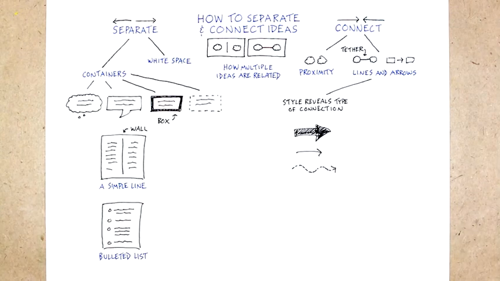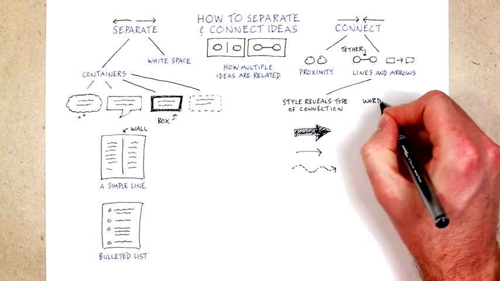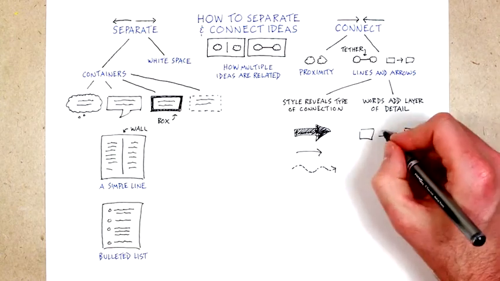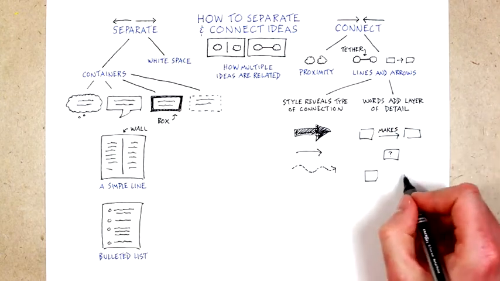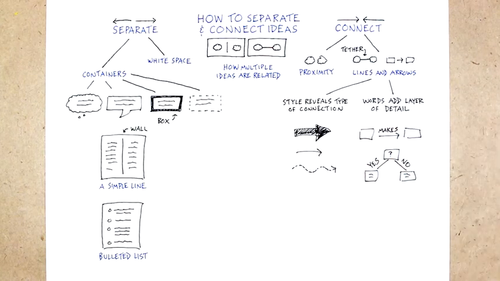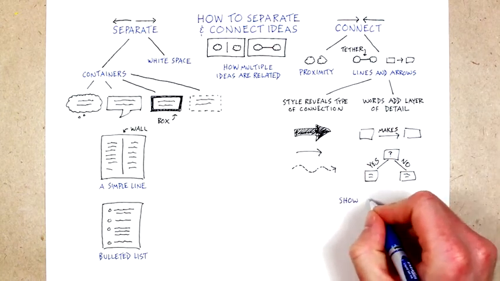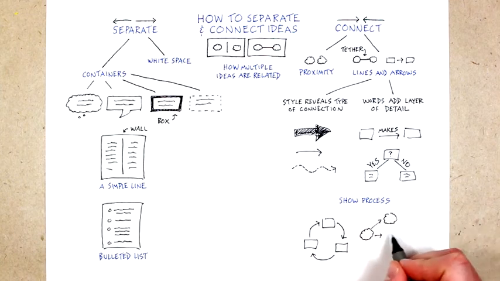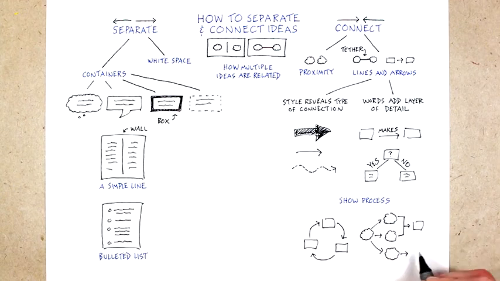You can also label any of these lines or arrows, both those connecting and those separating ideas, for yet another layer of meaning. One of the most useful applications of arrows in particular is their ability to show process. With arrows, you can direct the flow of information and convey complex relationships much more succinctly and clearly than if you were using text alone.